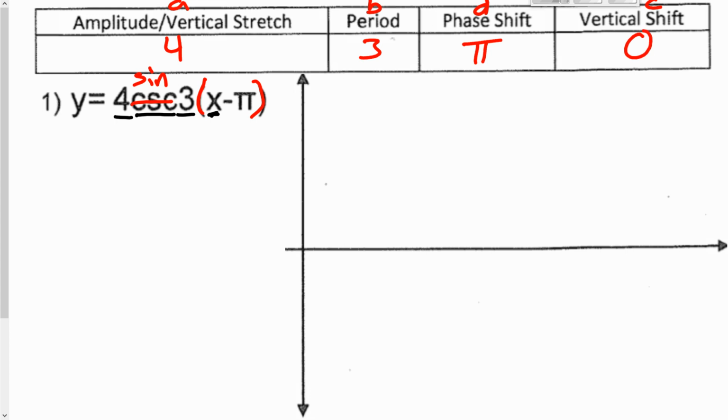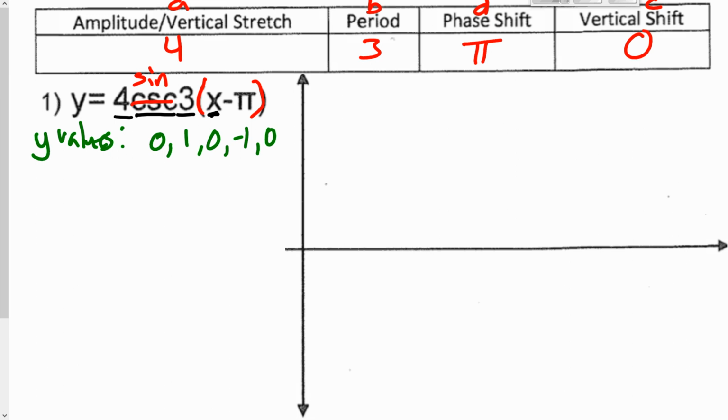Okay. So what I like to do first is just graph the y values, because that's a little bit easier. So y values of sine, that's where I start. Y values of sine are 0, 1, back to 0, -1, and then back to 0.